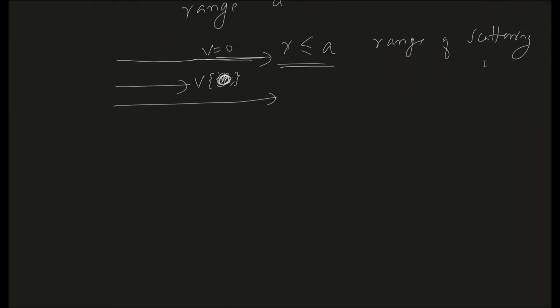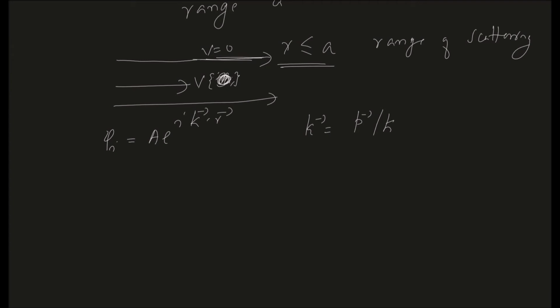So the incident beam can be written as A e raised to i k dot r, where k is given by p by h cross, and A is the normalization factor that we will determine later. So this is a plane wave equation, and this is what we assume as the nature of the incident beam, since potential has a finite range.